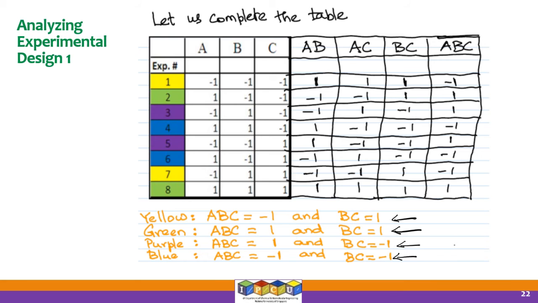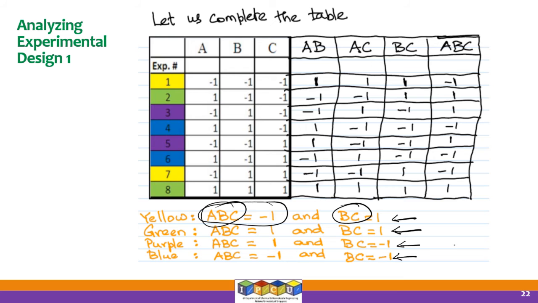Okay, so just looking at the four possible combinations of ABC and BC, the experiments are assigned to the four blocks. But interestingly, these could be the basic generators, like ABC and BC, but if you multiply them, you're going to get a generalized generator.